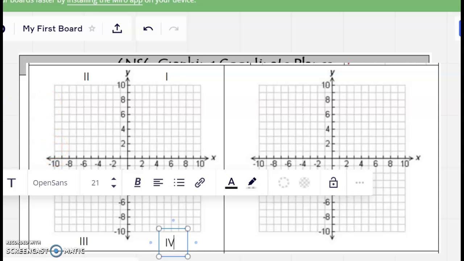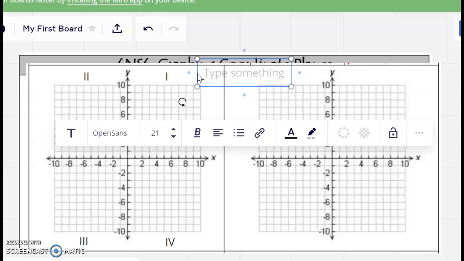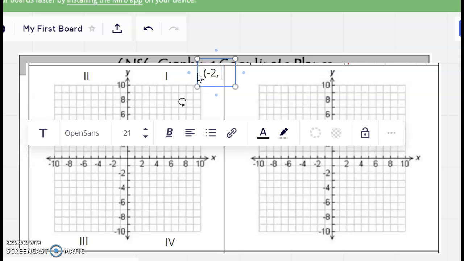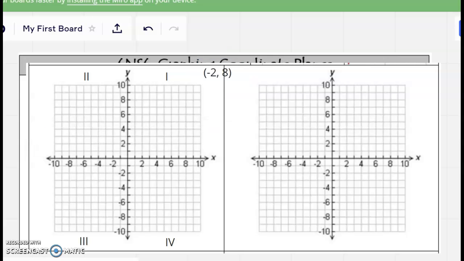And let's plot the point (-2, 8). All right, so we're going to plot the point (-2, 8).